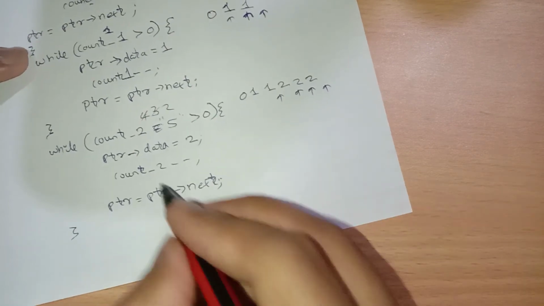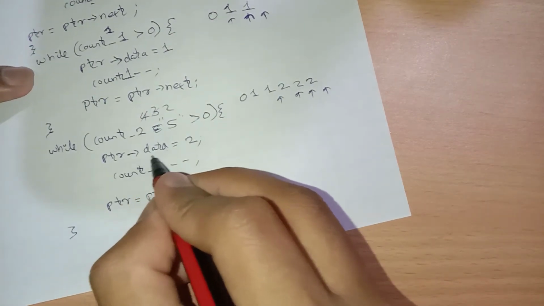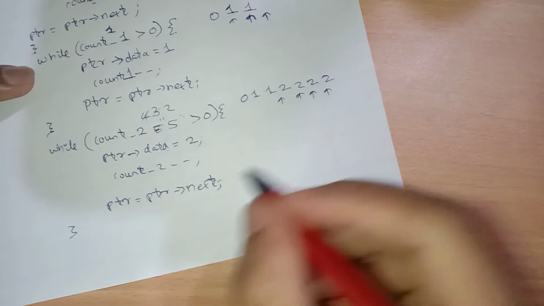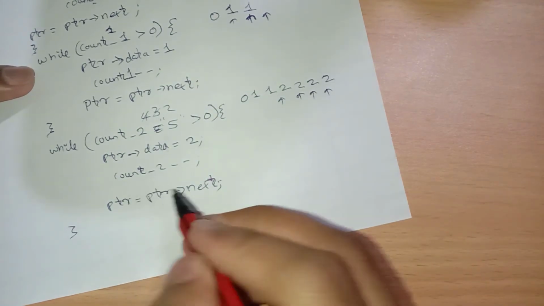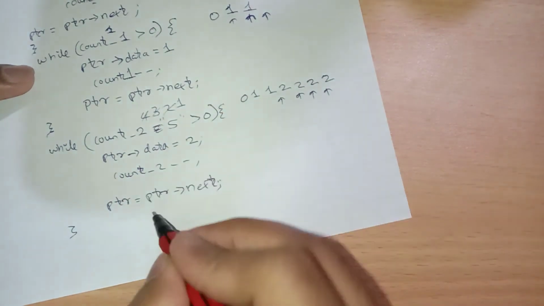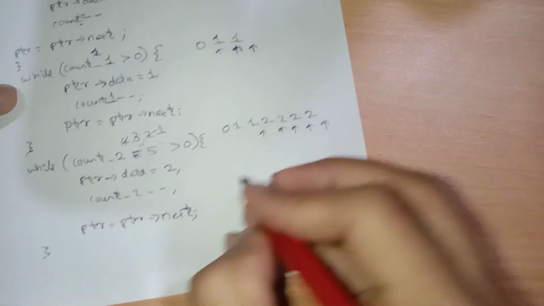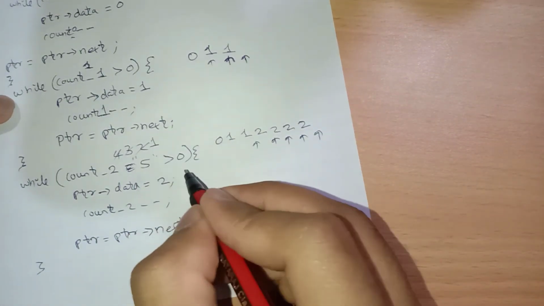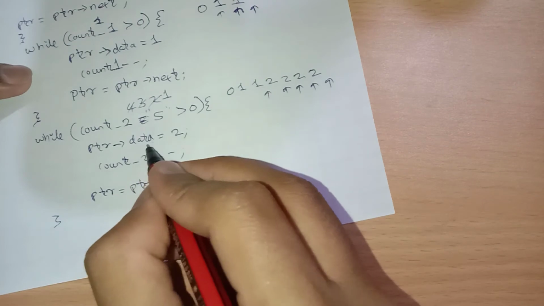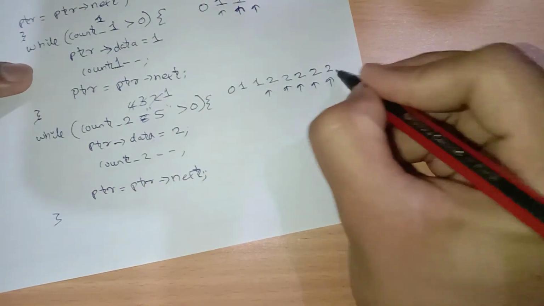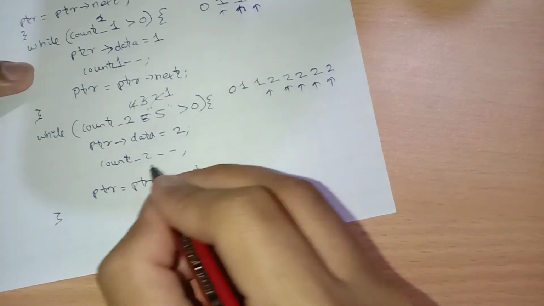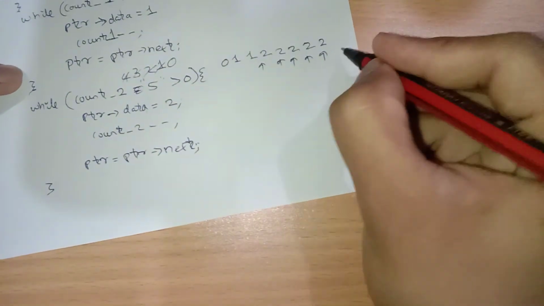So 2 is greater than 0 and we will put here the pointer's data as 2. Now we will again decrement the count, then the count becomes 1 and we will go to the next position. Whether 1 is greater than 0, yes, so we will put here pointer's data as 2 and we will decrement the count. Now the count becomes 0 and we will go to the next position.